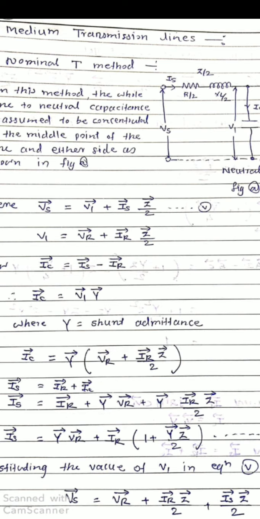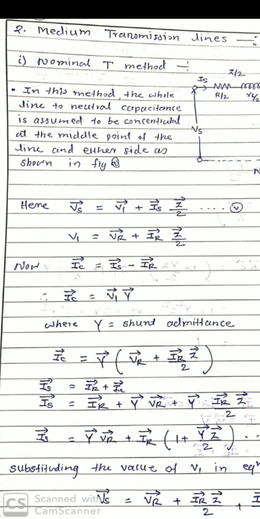Simplify that, and we get IS is equal to Y into VR plus IR in bracket 1 plus Y into Z divided by 2. Call this equation number 6.